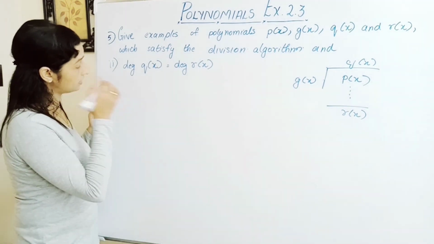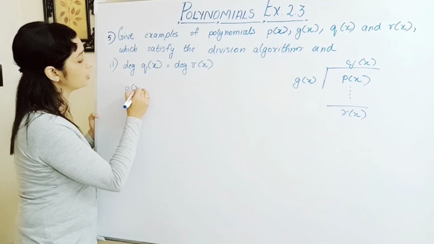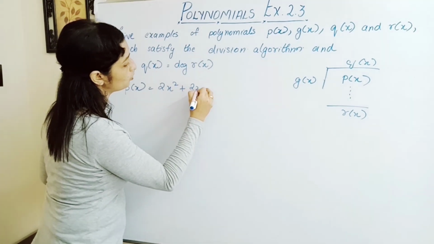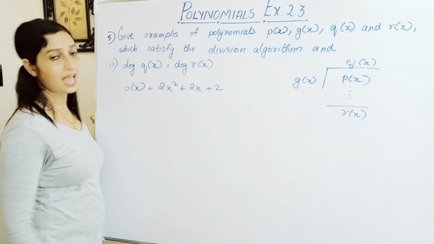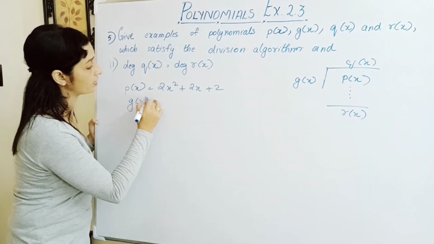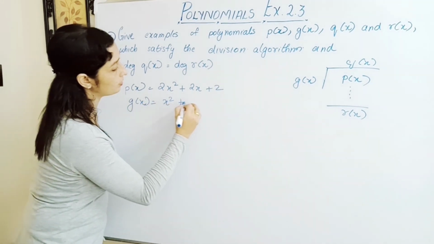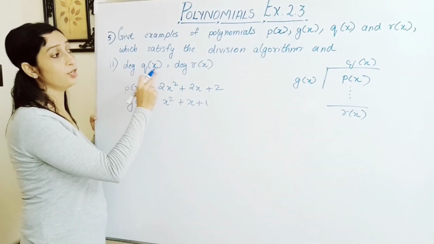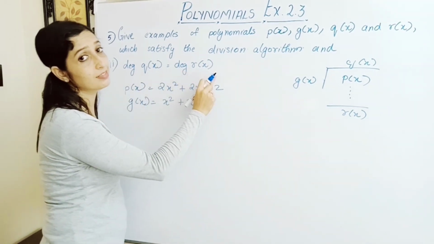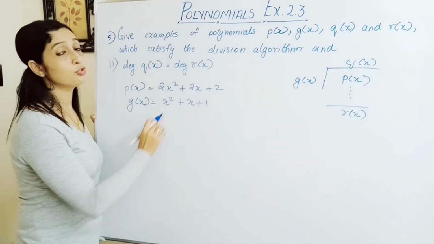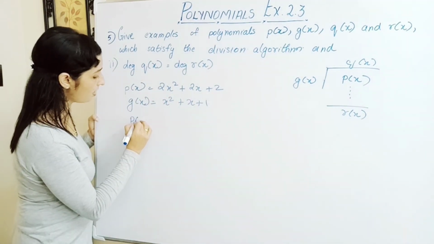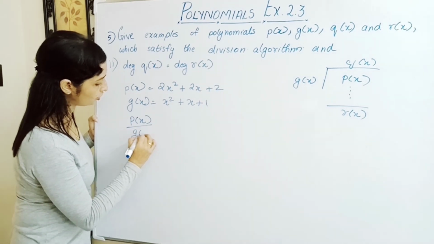So let's take the polynomial p of x as 2x square plus 2x plus 2, and I am taking the g of x as x square plus x plus 1, because I want the degree of q of x same as the degree of r of x. So now let's check whether their degrees are same. For that we are dividing p of x by g of x.